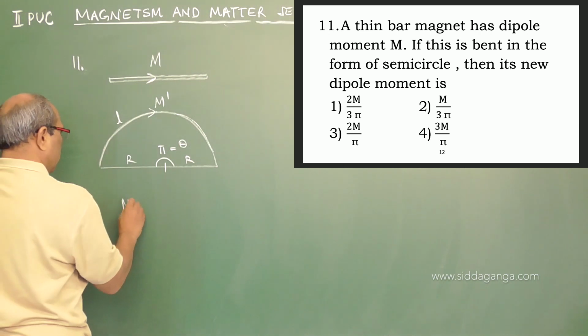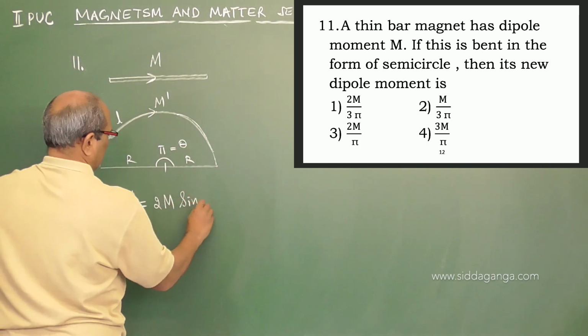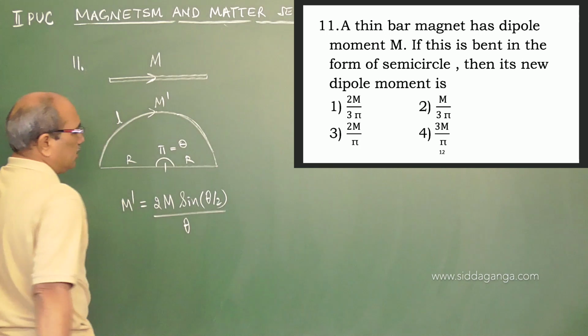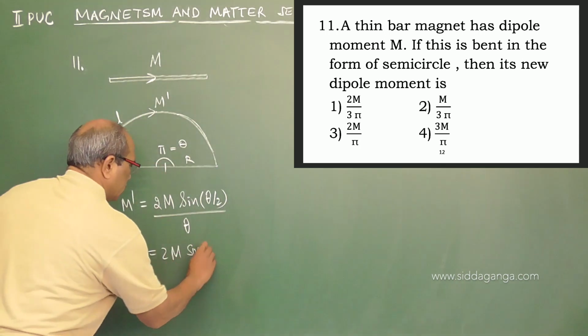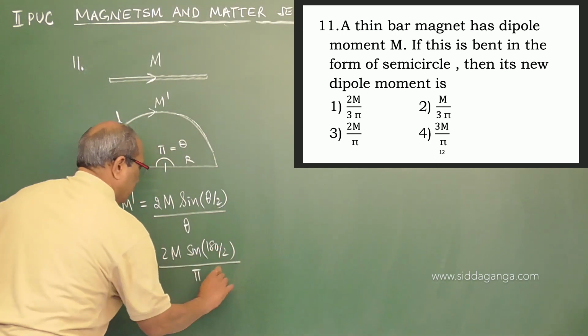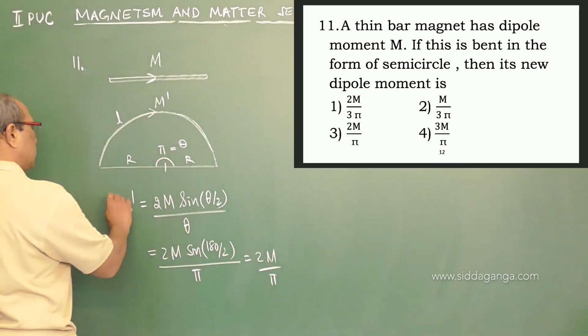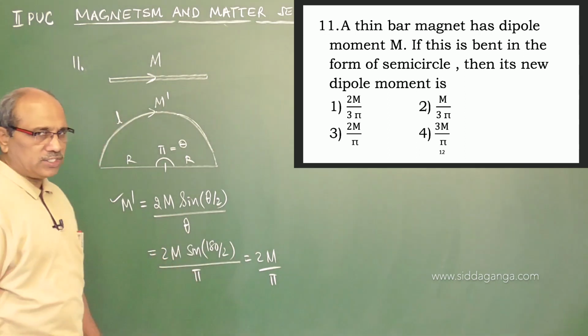I gave one equation for the bending of magnets: 2M sine of theta by 2, divided by theta, where theta must be in radians. It is pi radian, so 2M into sine of 180 by 2, divided by pi, which gives 2M upon pi. If you remember the relation, you can get it directly. 2M upon pi is the relation.